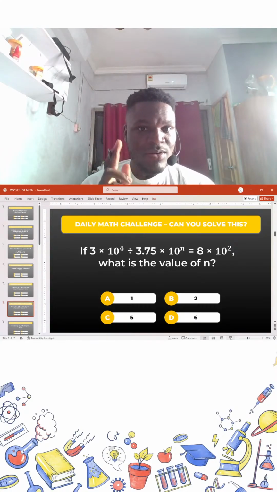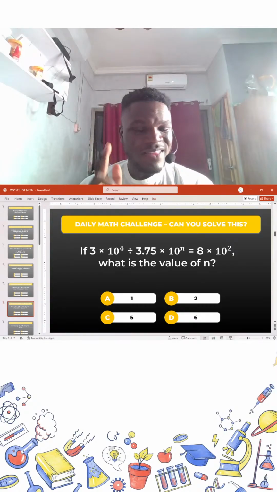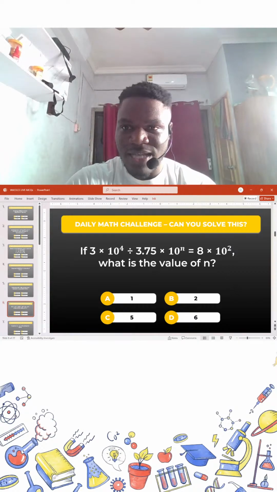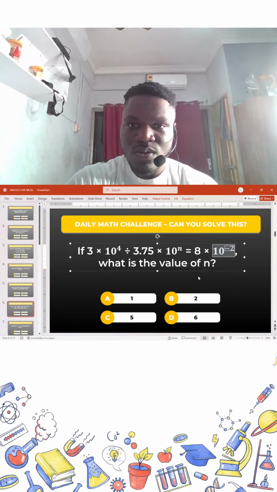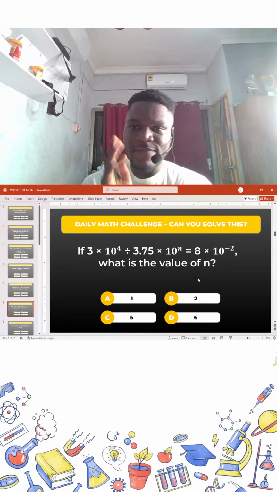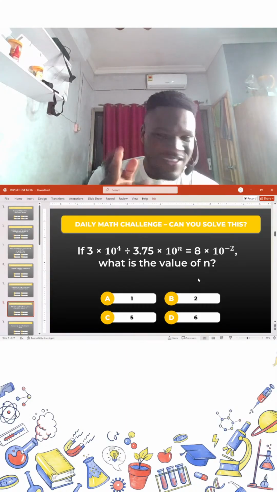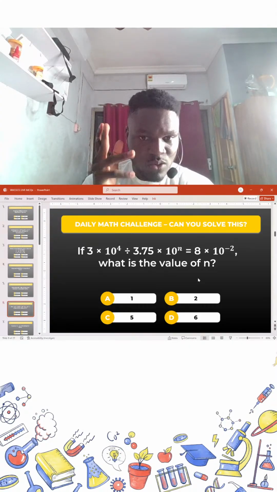It is 3 times 10 raised to the power positive 4 divided by 3.75 times 10 raised to the power n is equal to 8 times 10 raised to the power negative 2. Let me correct that quickly. So here is a negative 2. If this is the question now, what is the solution to this problem?